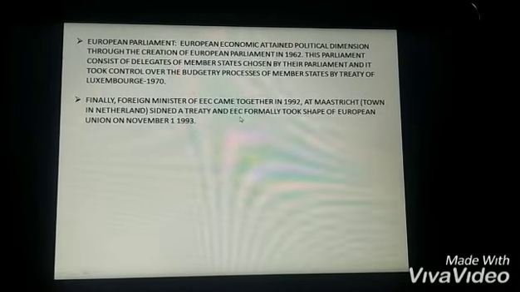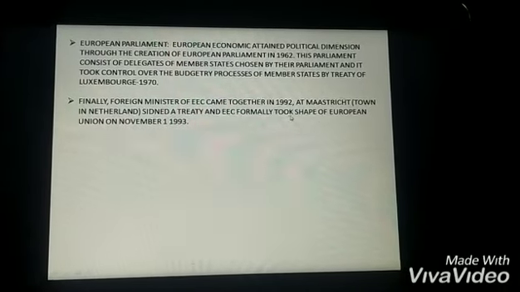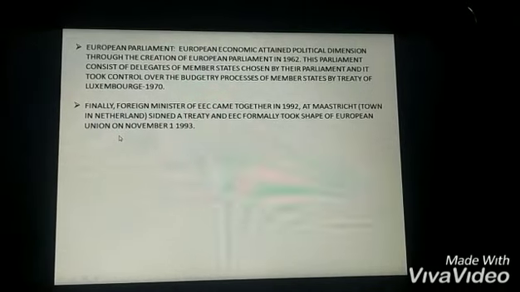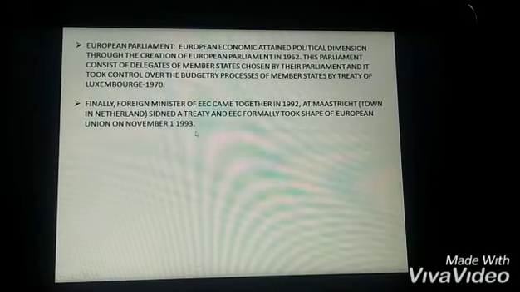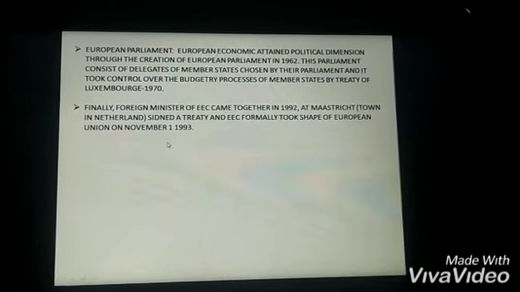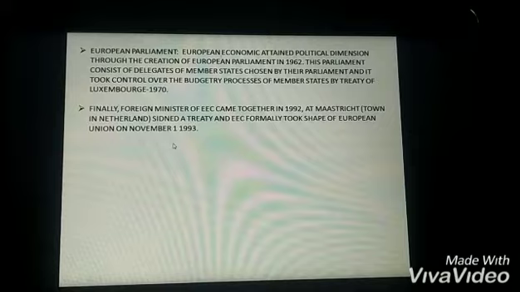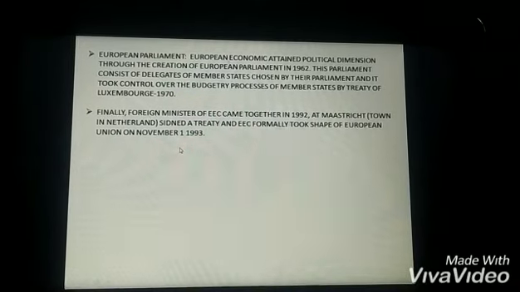And then the European Economic Community formally took the shape of the European Union through this treaty on November 1, 1993. So that is how the European Union formally came into being in 1993 through the Treaty of Maastricht. So that was the history of the creation of this European Union.